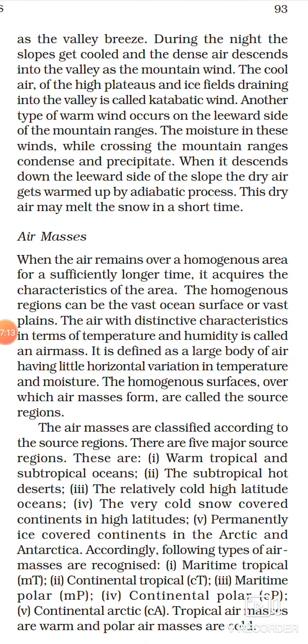And the warm air which we had just seen in the daytime rising up the slope of the mountains was called the valley breeze. At night, the cool air of the slope descends into the valley as the mountain wind, which is called the katabatic wind.